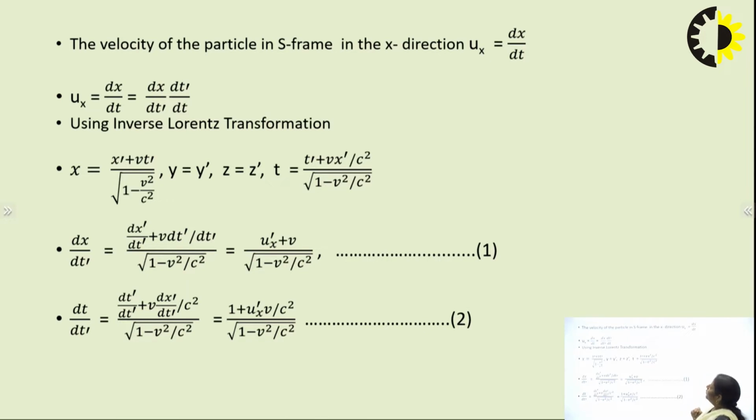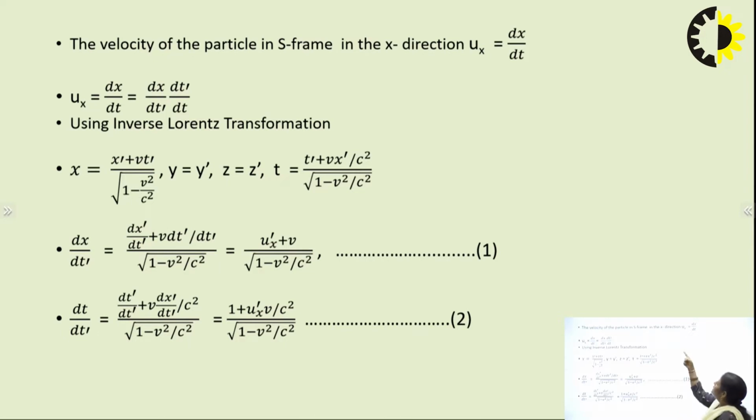First of all, we write down the velocity of the particle in the S frame. The velocities are calculated in the directions x, y and z, so that we are able to study the different components of velocity and find the relation between these components separately, all right.